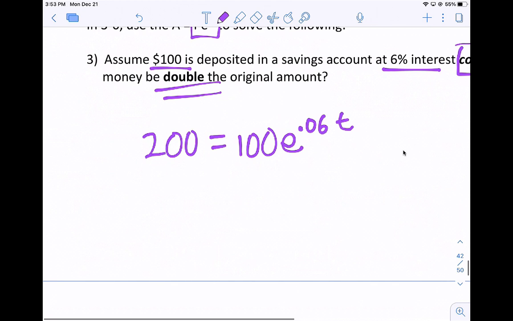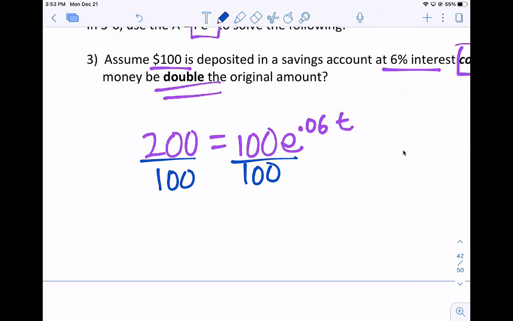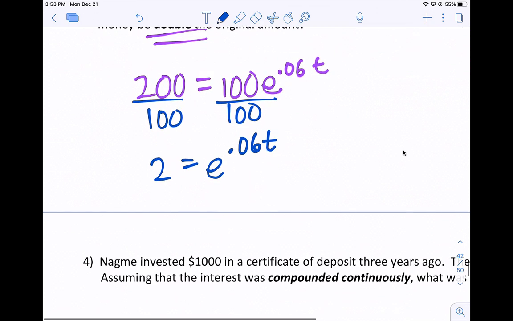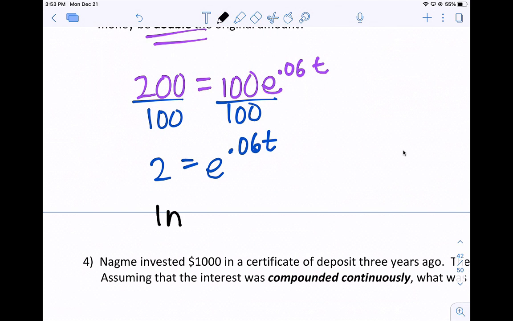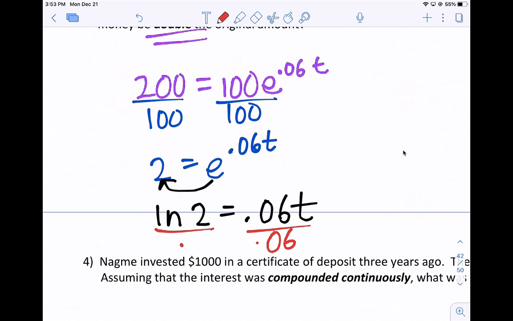All right, let's solve. First step, divide each side by 100. So we get 2 equals e to the 0.06t. We're going to log it. Remember, when you log e, it's ln. So ln of 2 equals 0.06t. And to get rid of the 0.06, we're just going to divide by 0.06.